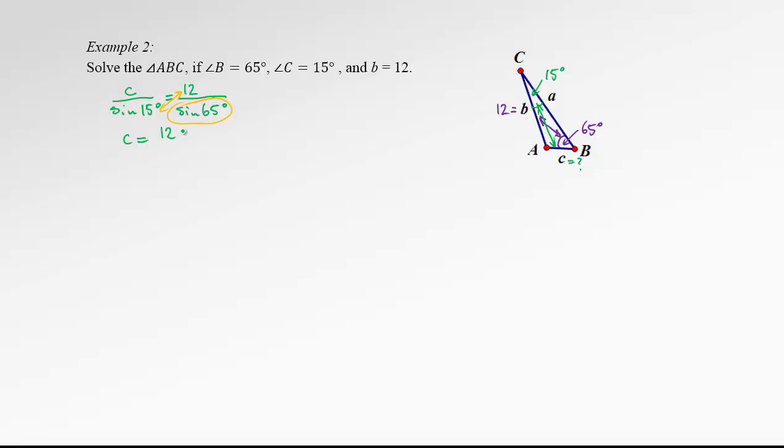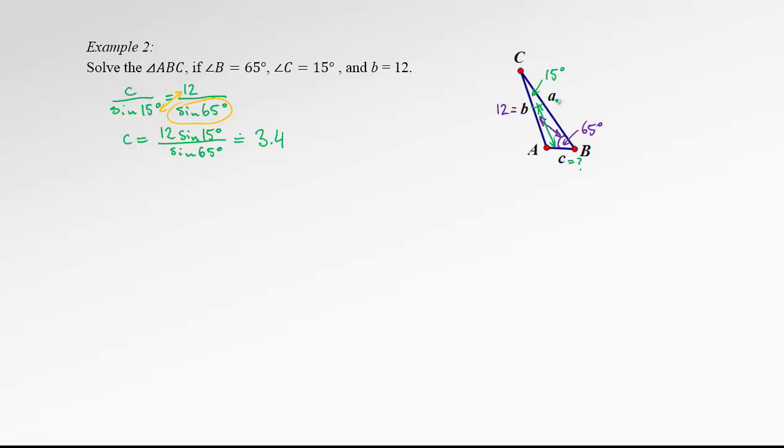Therefore, we have 12 times sine 15 degrees over sine 65 degrees. Again, using our calculator, you may want to do it on your own. We should end up with approximately 3.4. Okay, so one side is already found.